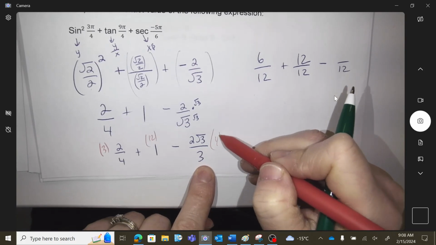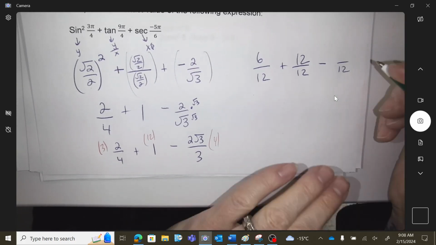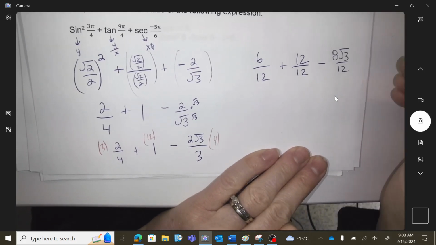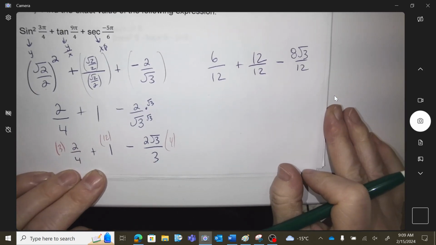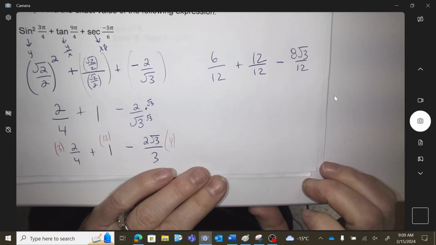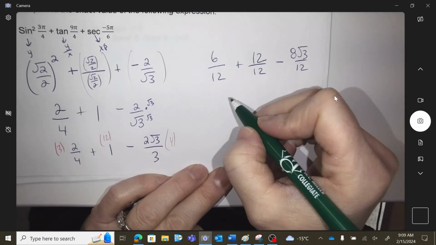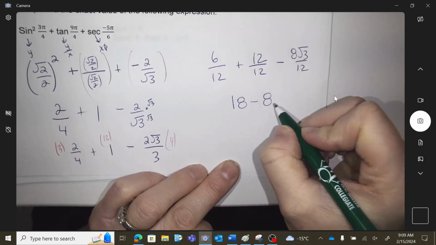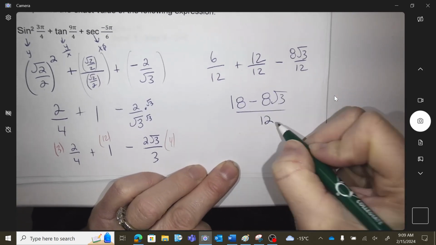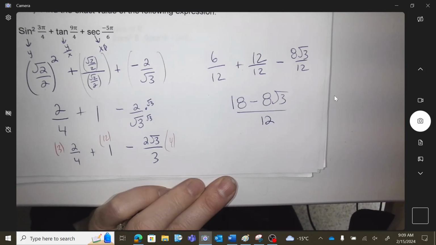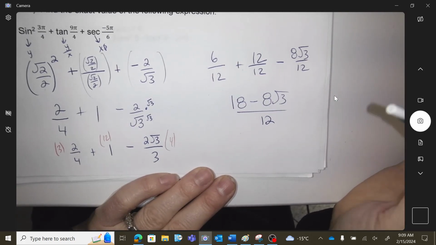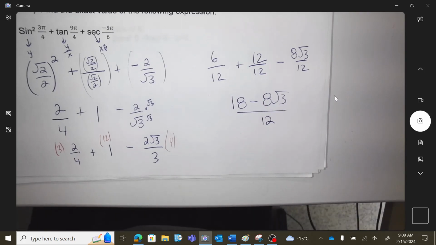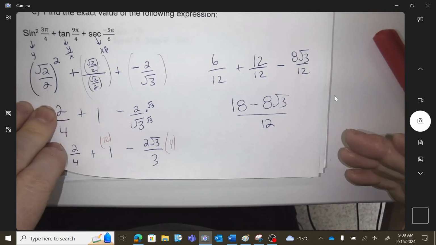And this one I'd have to times by a 4. Six plus 12 is 18 root 18 minus 8 root 3 over 12. I guess I could also divide everything there by 2, but that's okay. Doesn't have to be reduced.